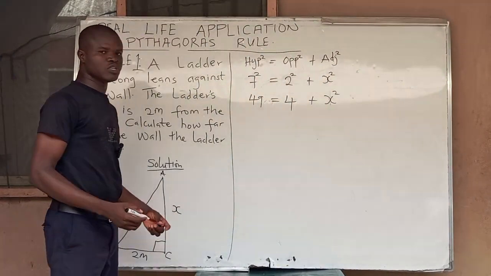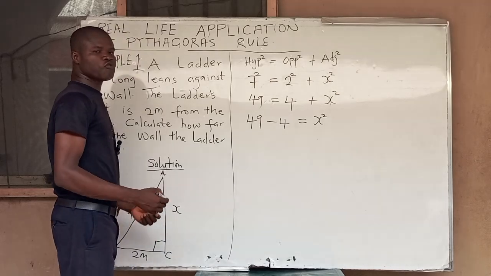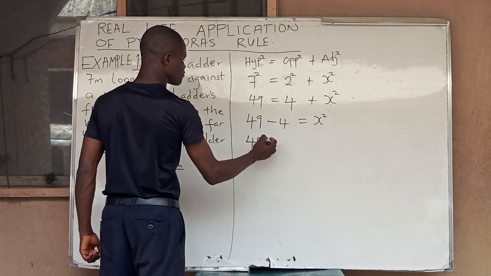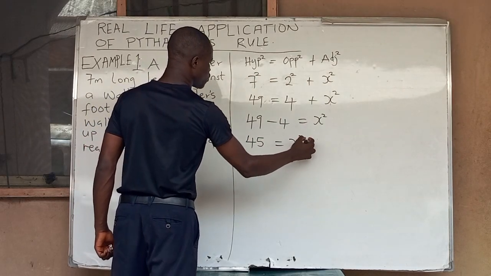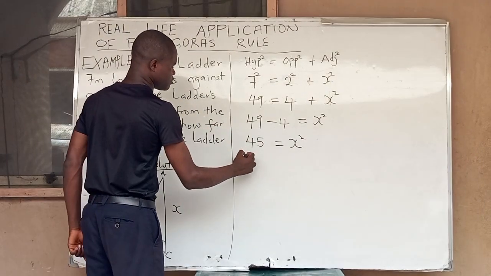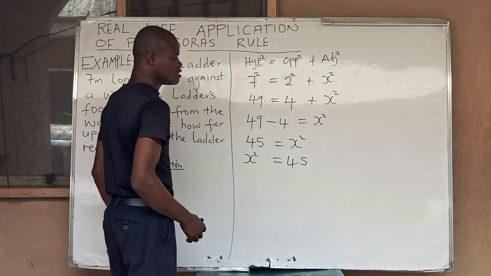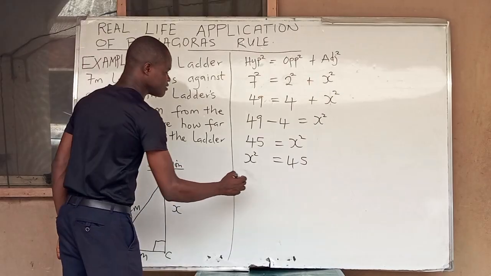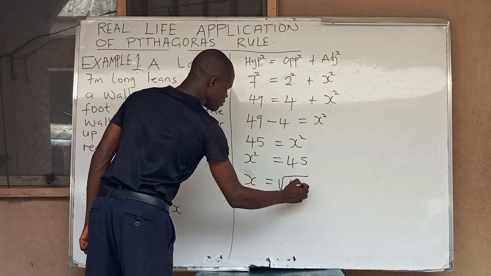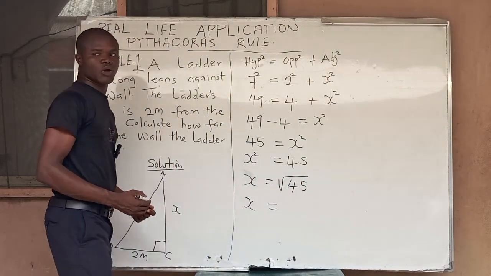The next thing to do is to collect like terms. 49 minus 4 will give us 45, which is equal to X square. So we can write it as X squared is equal to 45. Taking the square roots of both sides, X becomes equal to the square root of 45.